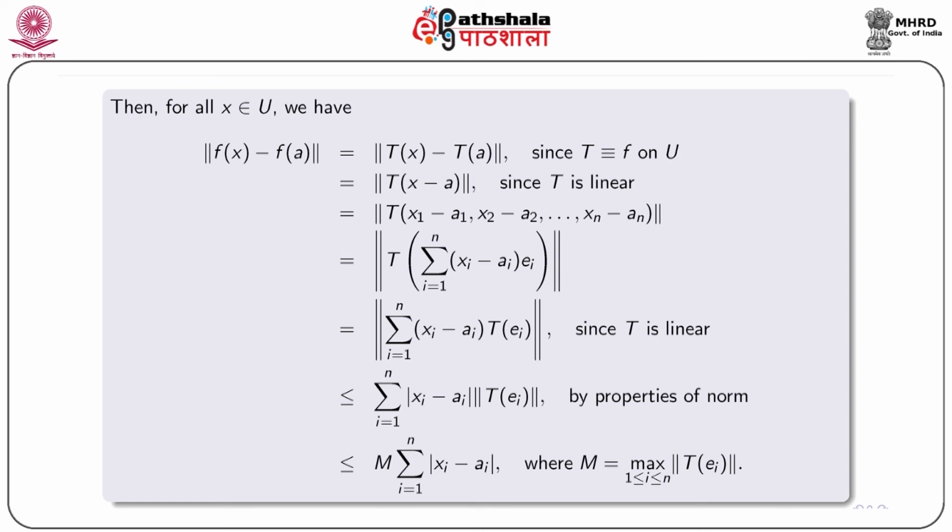Therefore, the expression equals the norm of the summation of (xi minus ai) T(ei), and by the triangle inequality it is less than or equal to the summation of modulus of (xi minus ai) times norm of T(ei). So it is less than or equal to M times the summation of mod (xi minus ai), where M is the maximum of all norms of T(ei), where i runs from 1 to n.